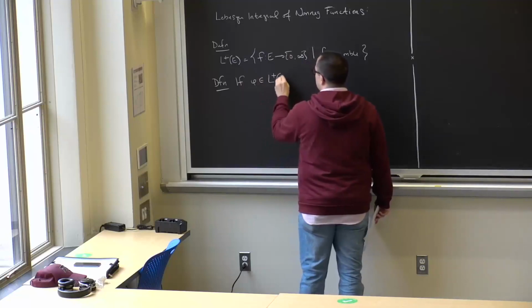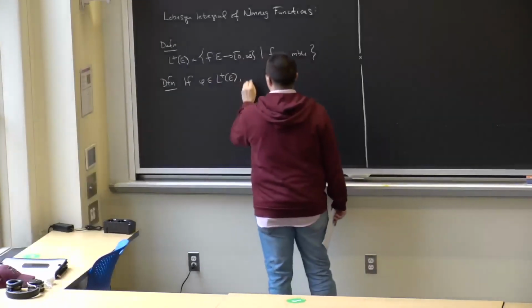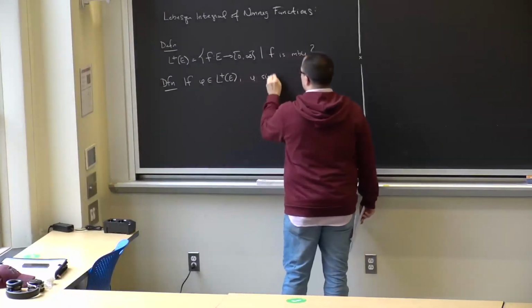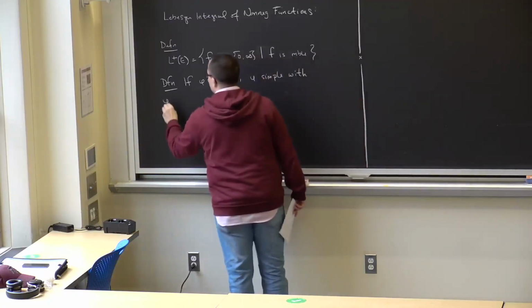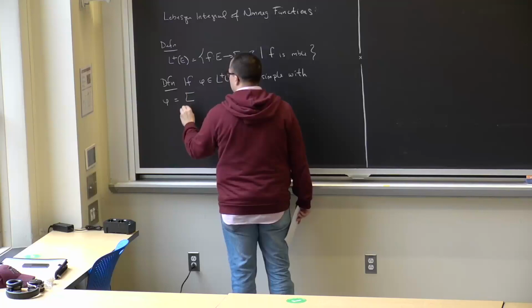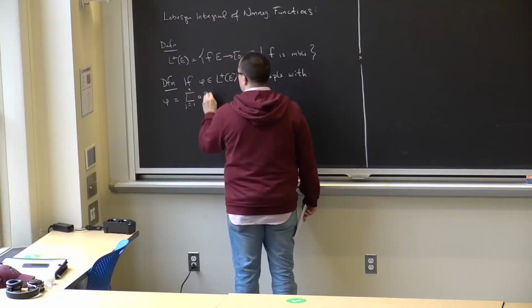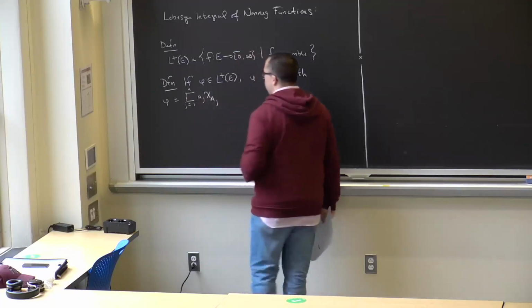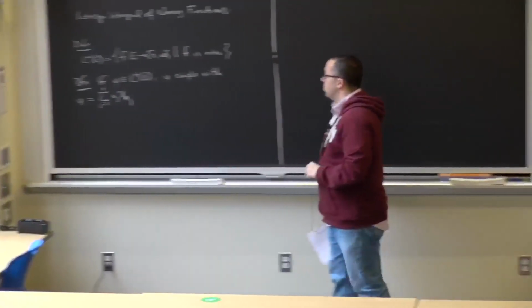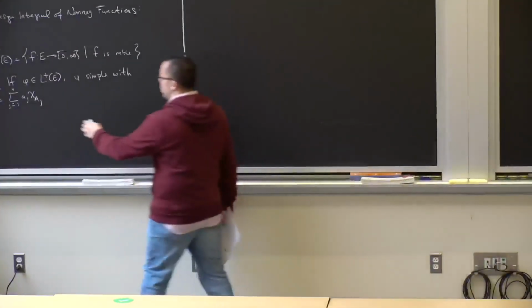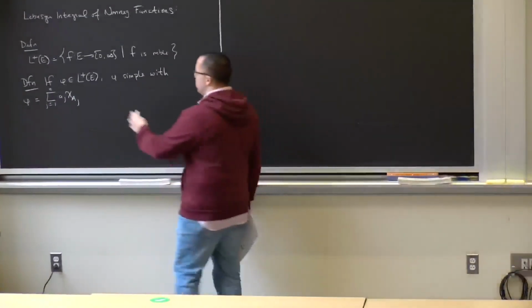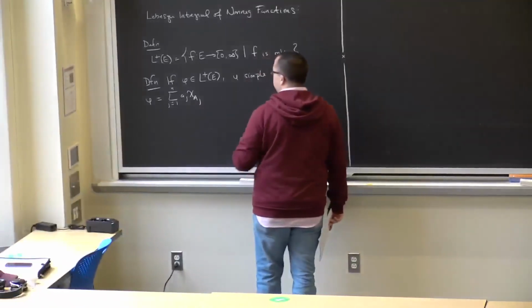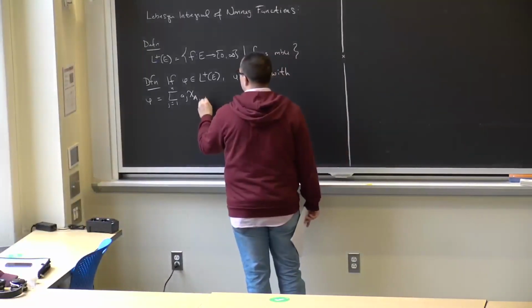We defined the Lebesgue integral for simple functions, which have this canonical representation as a finite linear combination of indicator functions on sets which are pairwise disjoint and whose union gives me E. We defined their integral.